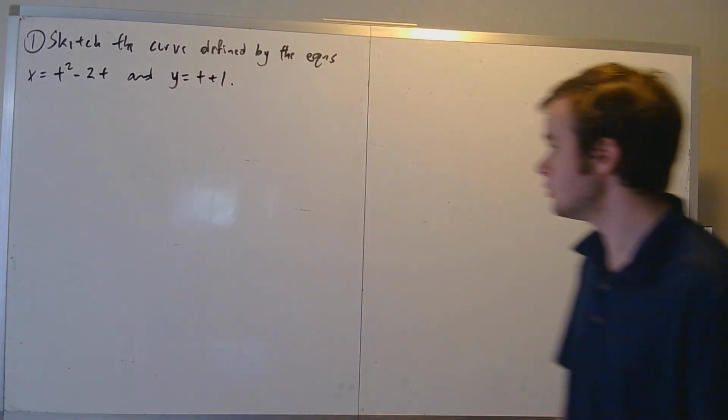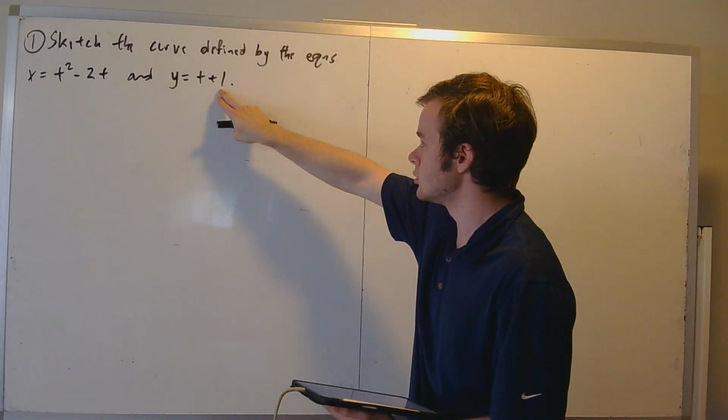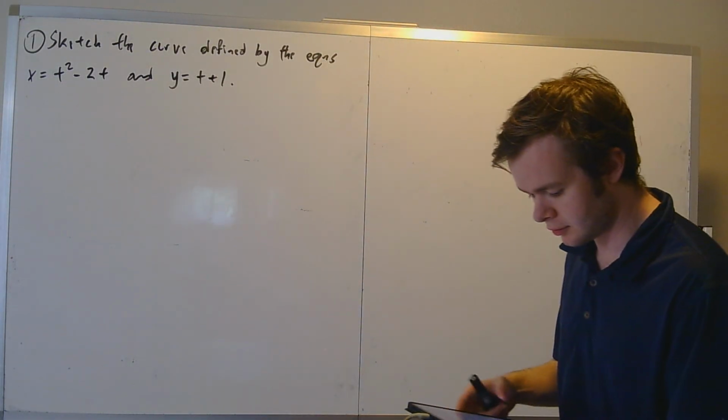Okay, so we've got two equations, two parametric equations. We're going to say that that traces out a curve.